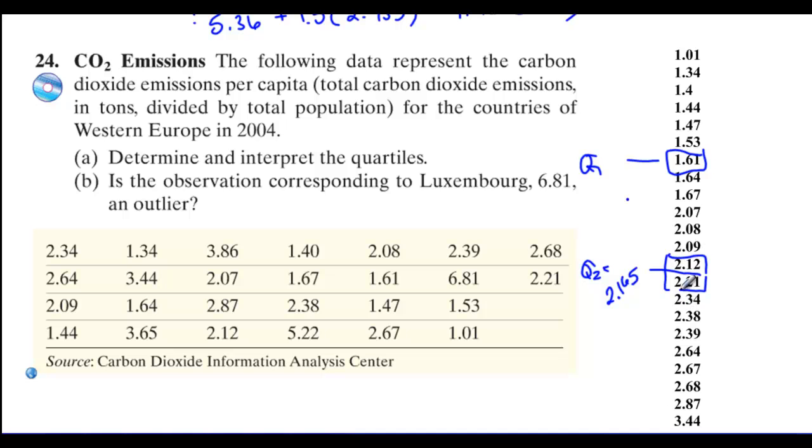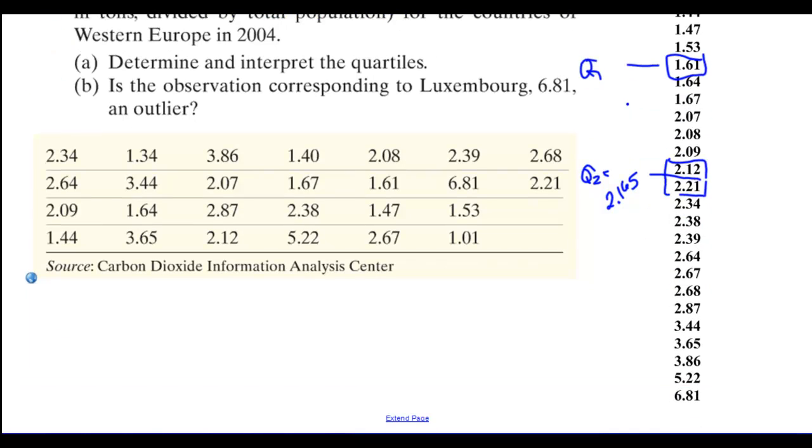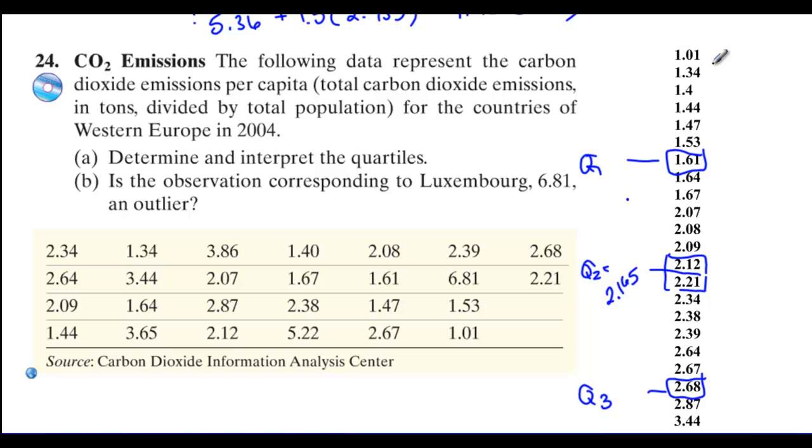And then our Q3, again the 7th data point, is going to be our Q3. So we've now split our data into sets that each have 25% of the data, into 4 parts or 4 quartiles.